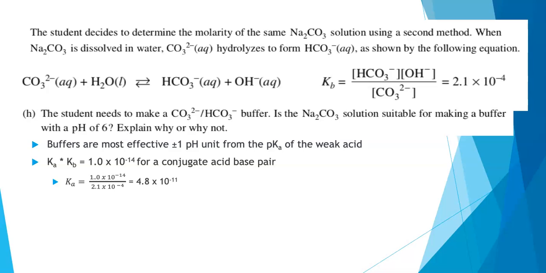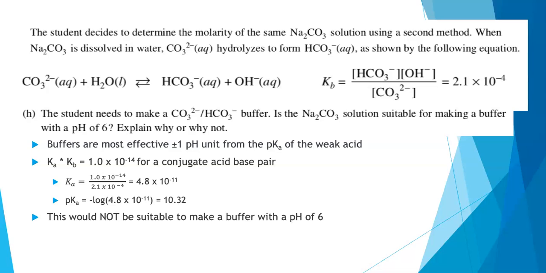To find the pKa, we take the negative log of the Ka, and we get a value of 10.32. If we want a buffer with a pH of 6 and the pKa is 10, that's more than 1 pH unit away. So this would not be an appropriate choice to make a buffer with a pH of 6.